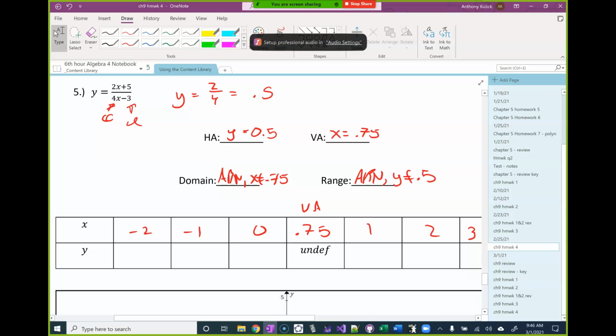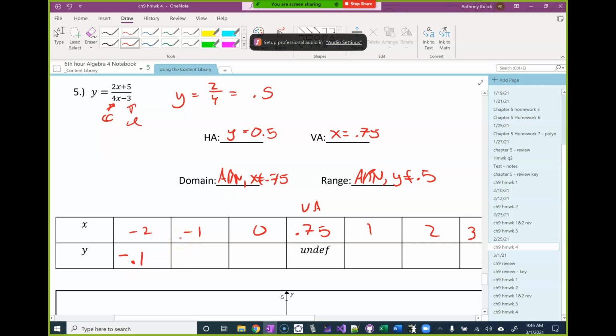If I plug negative 1 in, I get 3 over negative 7, which is about 0.4257, a 6-digit repeater, but I'll round it to 0.4. And if I plug 0 in, I get 5 over negative 3, which is negative 1.6.